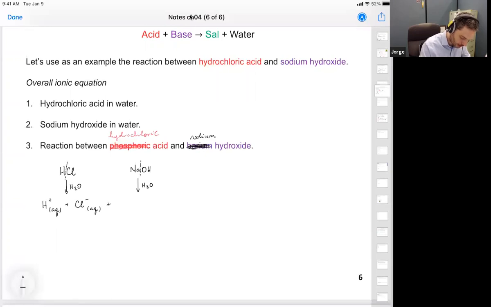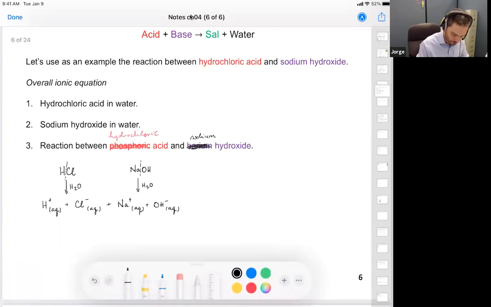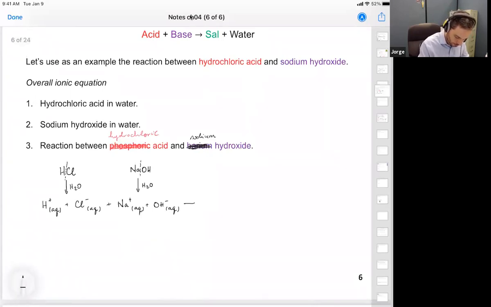Water is going to break the interaction between sodium and hydroxyl, producing Na plus, now dissolved in water, and OH minus, again dissolved in water. Okay, so now that you have all the ions from the reagents, the next step is to combine those ions to generate products.